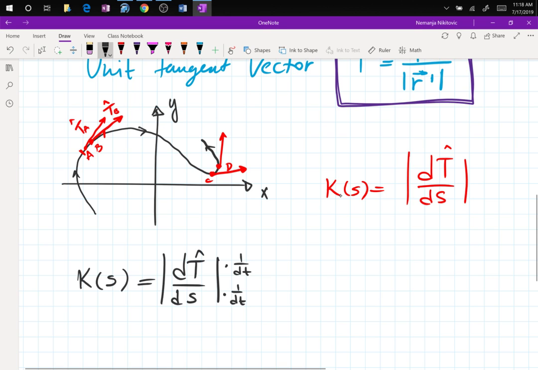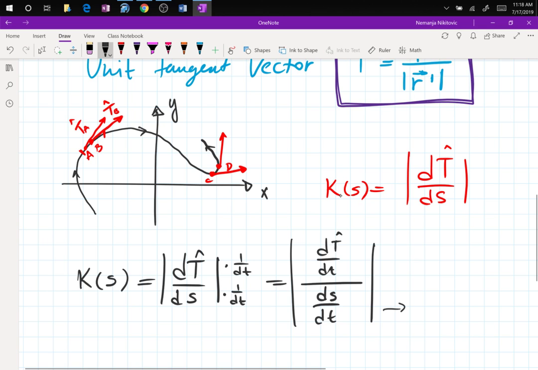So that will create dT hat over dt divided by ds over dt. We still have the absolute value. And now what we know is that ds dt is the velocity, because you are covering distance in time.